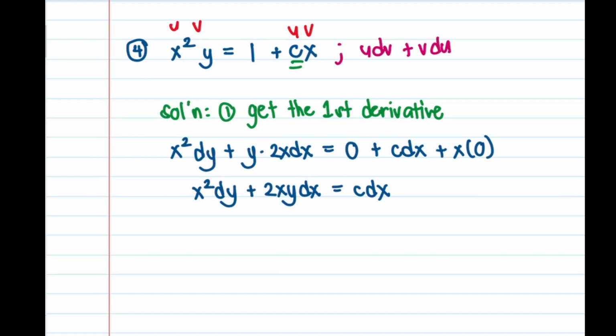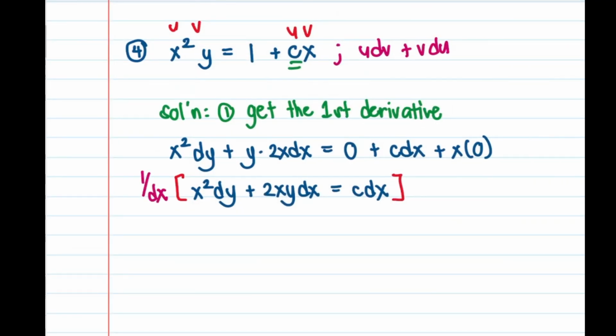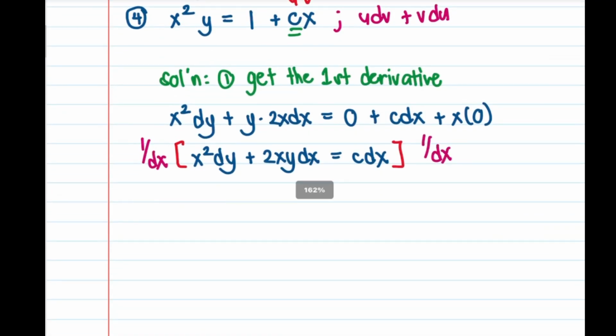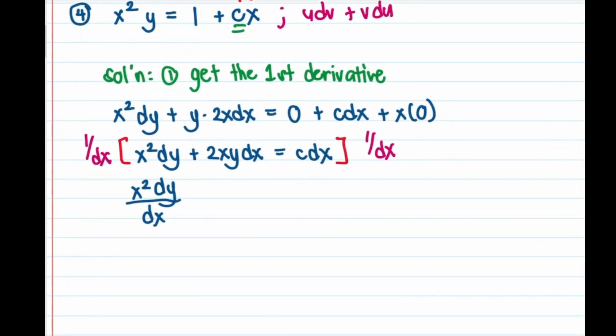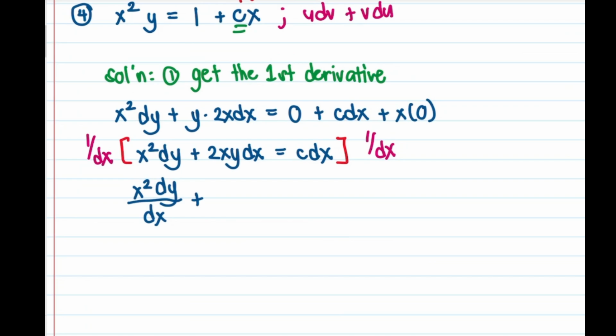Okay, so we can multiply both sides by 1 over dx. So that one will be x squared dy over dx, sorry, dy over dx, plus 2xy only, equivalent to c.